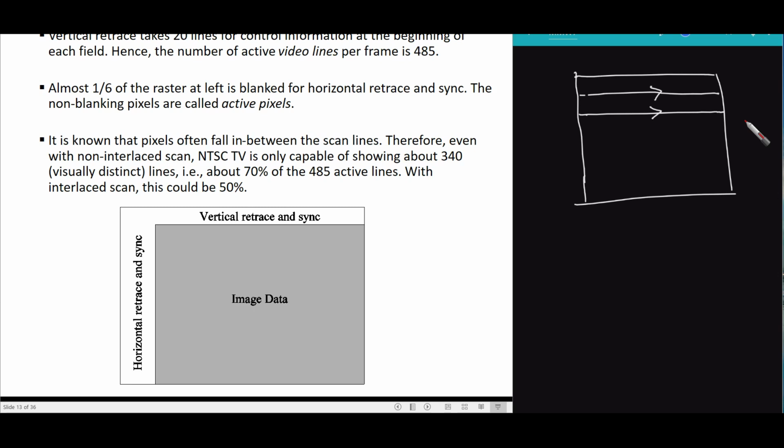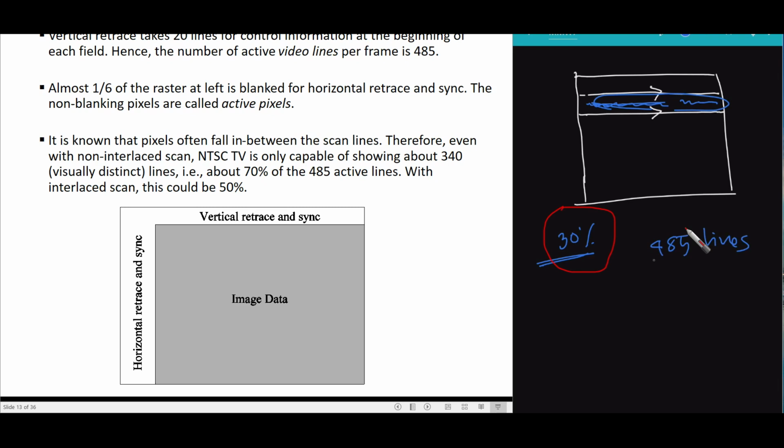Roughly we saw that the lines in between that we don't scan are sometimes more important. Experiments roughly suggest that around 30% of lines we actually miss are much more influential, much more important in an object or scene or a photo that we take video of. So we had 485 lines.